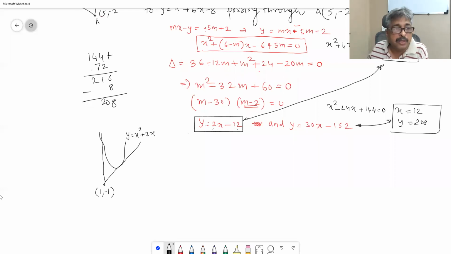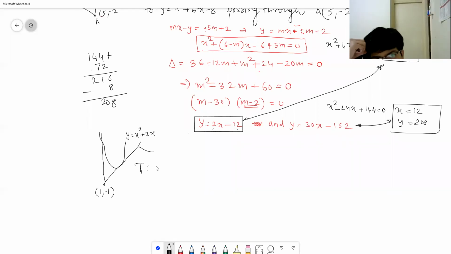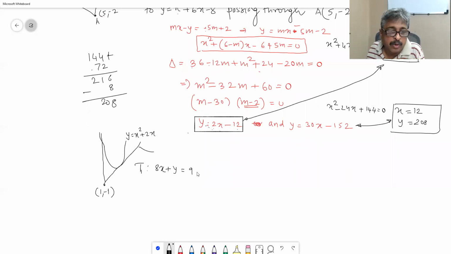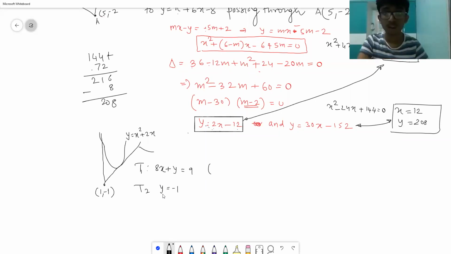This question. Can somebody tell me the answers? What are the equations of tangents? Tangent 1: 8x plus y equal to 9. And what is the point of contact for this? Sir, it is not coming perfect square.